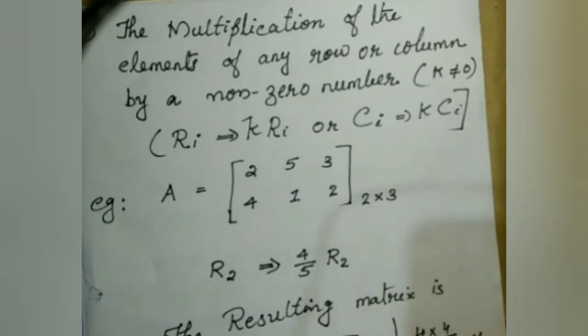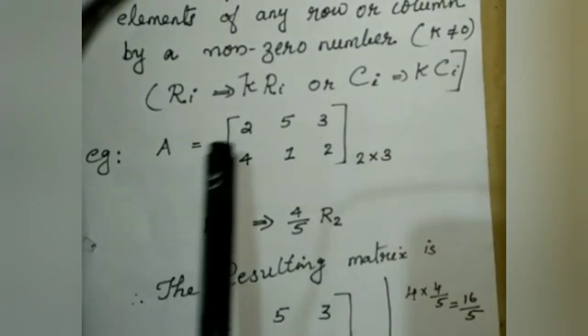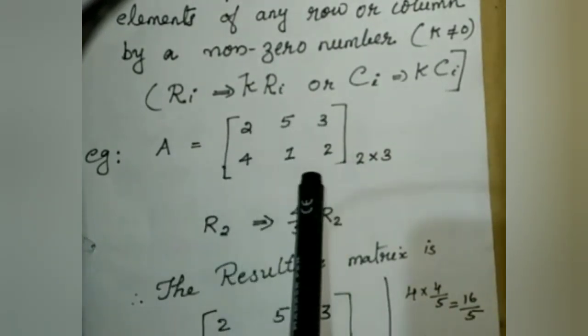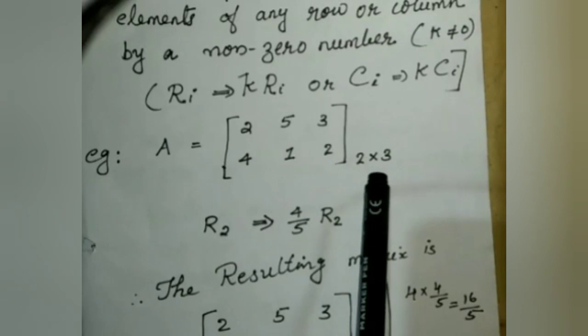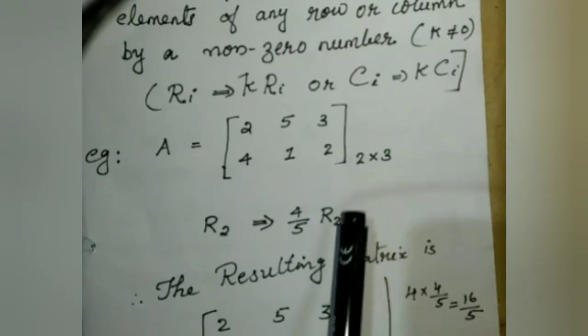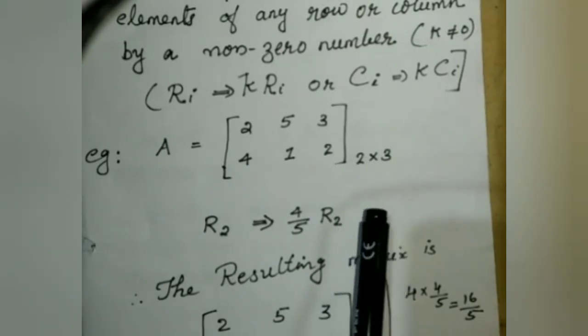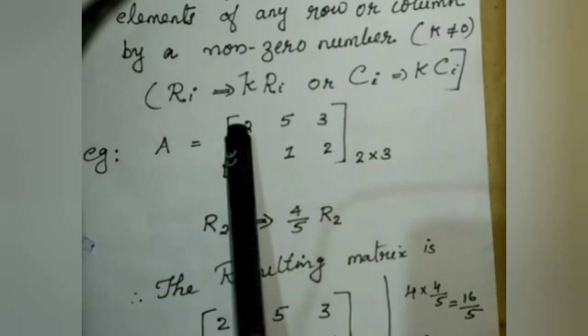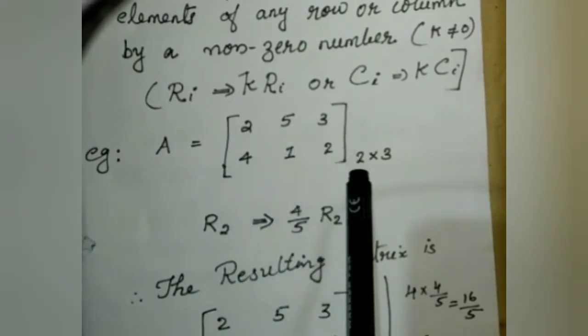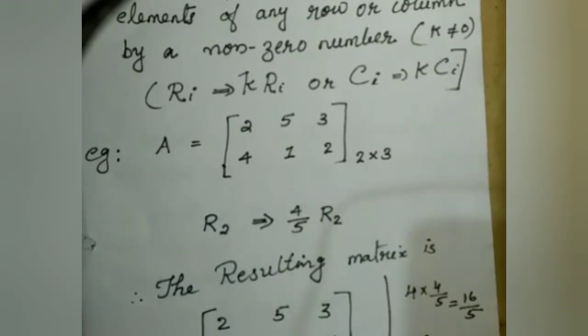Again we have a matrix A with rows 2, 5, 3 and 4, 1, 2. You always need to understand the order of any matrix. Here we have 2 rows and 3 columns, so the order of the matrix is 2 by 3.